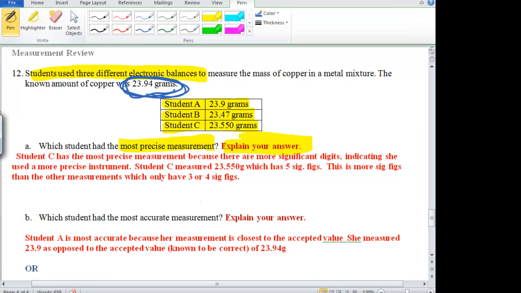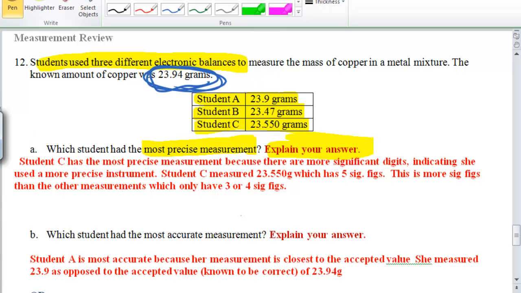And when you're explaining your answer, you should always quote data that you're given to support that answer. Now in this particular case, student C has the most precise measurement. So we've told which is most precise. Now let's explain the answer.